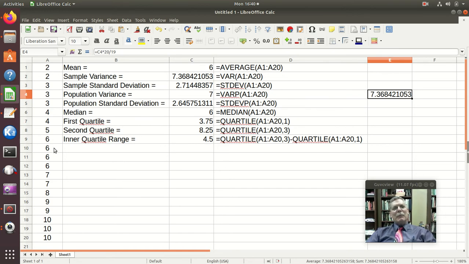For a sample, you want the sample standard deviation. If we consider these numbers here a sample, then doing a population variance or a population standard deviation would be a bad idea anyway.